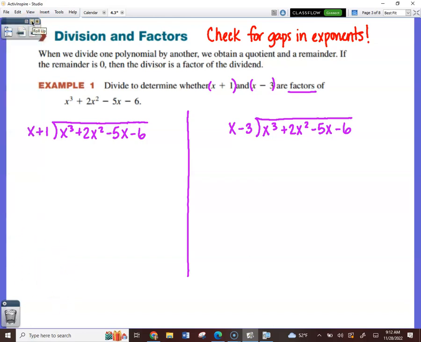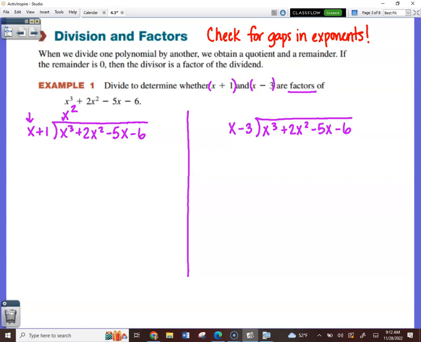You say to yourself, you always focus your attention on the very first term. The second term is just along to the right. You say to yourself, x times what would give me x cubed? X squared. You write it up here, you multiply that through the whole thing, and you write it underneath.